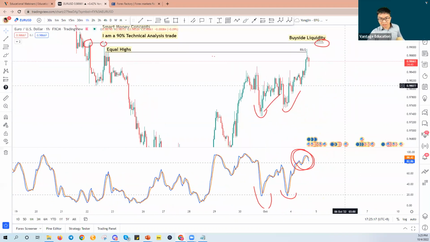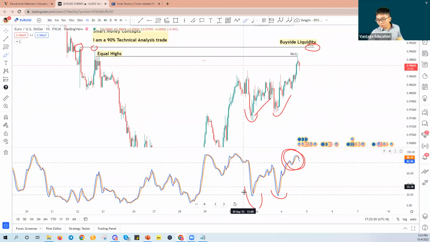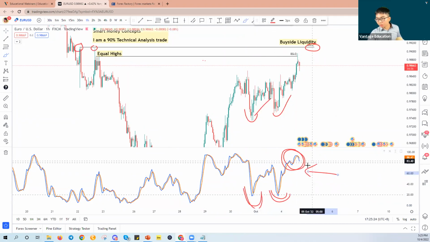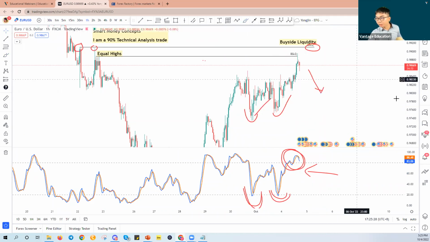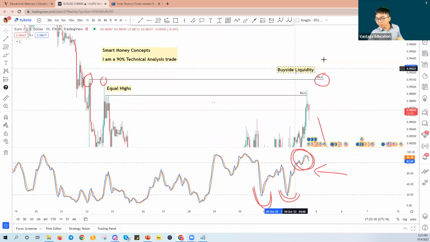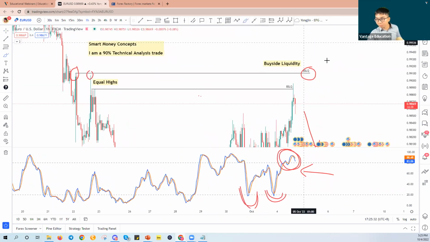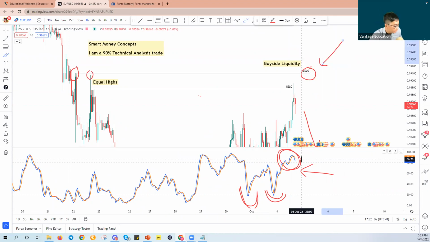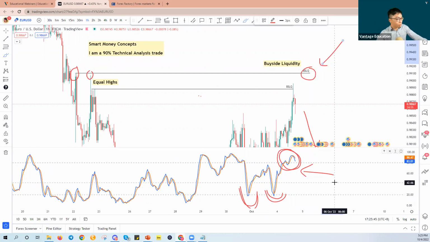Also, as I mentioned earlier, please do not just focus on your stochastic oscillator for your entry. You do not just sell immediately, since we have already identified a liquidity area here. Just now, what did I say in the PowerPoint? I mentioned that price can continue to stay above the 80 overbought zone for a while.